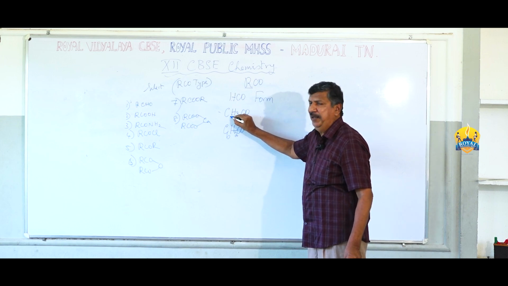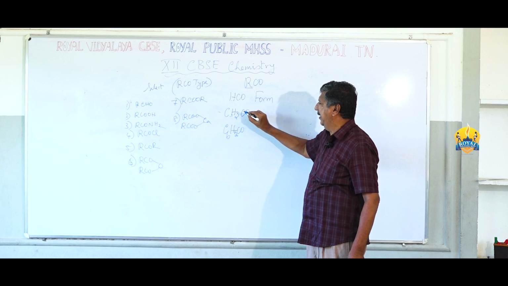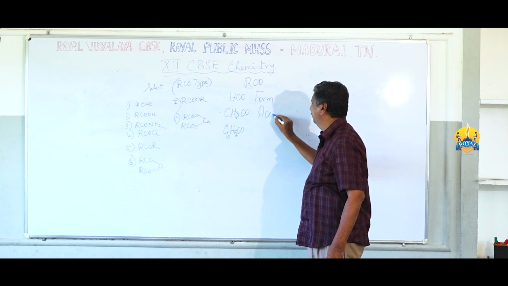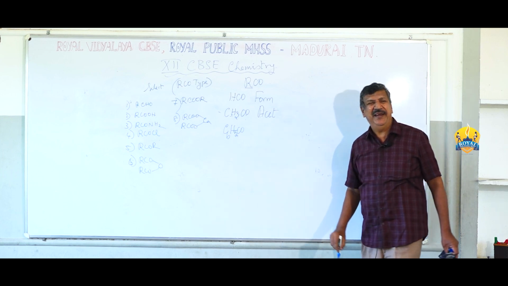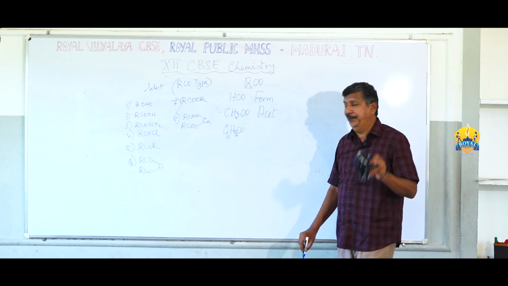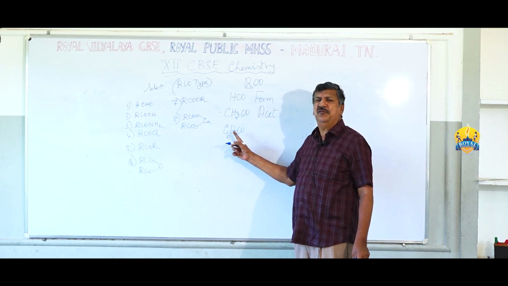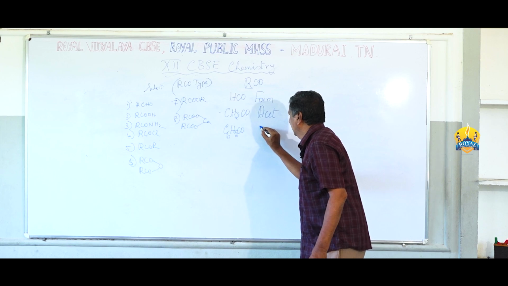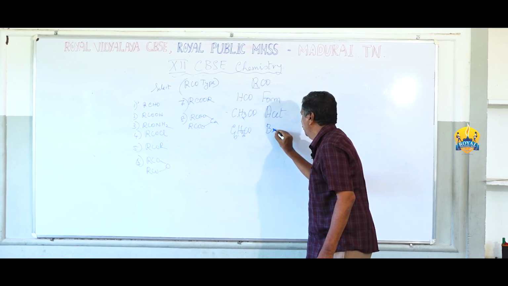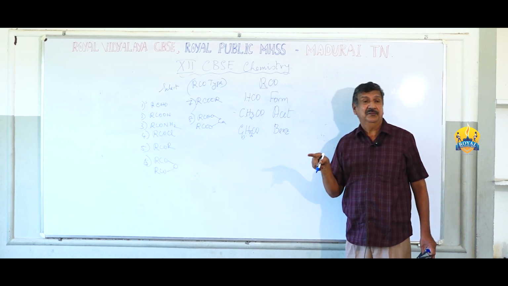Then, CH3 means methyl, but when CH3 is attached to CO, it is called acet. Third one, this is phenyl. I already told you this is phenyl. But when the phenyl group is attached to CO, you should start your name as benz, not benzyne.